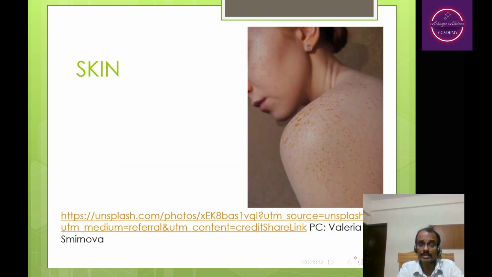Let us give one more example here. Here the person is having a skin manifestation. Dryness of the skin is very evidently being seen. That means here the disease is present in the intracellular compartment.